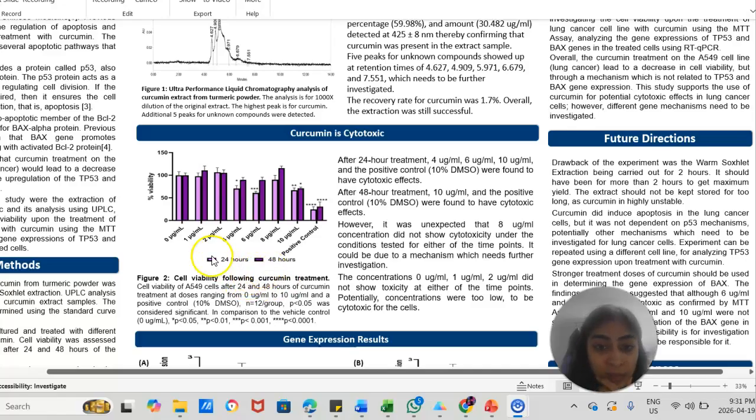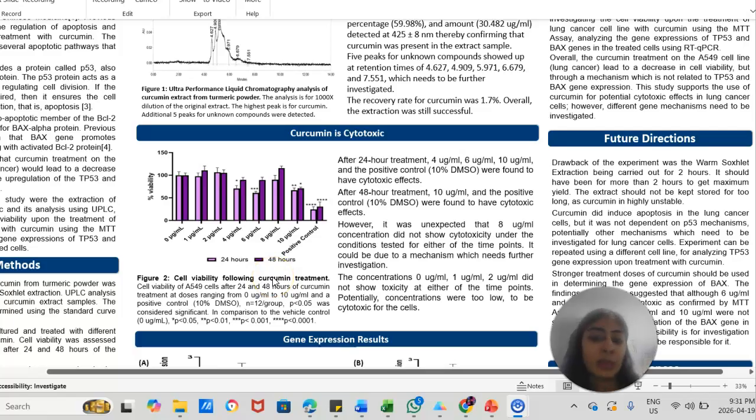As we can see here, the 4 microgram per ml dose and 6 microgram per ml dose didn't induce cytotoxicity after 48-hour treatment. What I'm expecting is that these doses are maybe too low, and the curcumin degrades over time. Over 48-hour treatment, curcumin is definitely going to degrade, as it's very unstable.